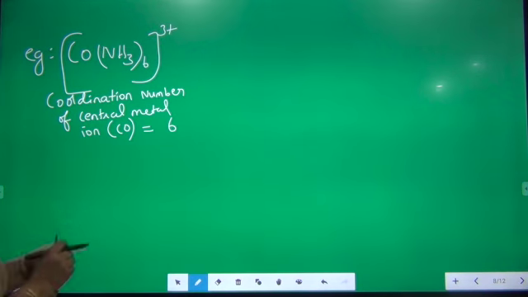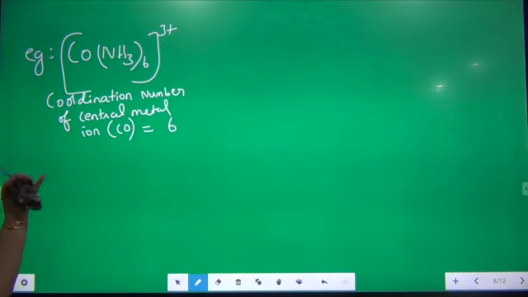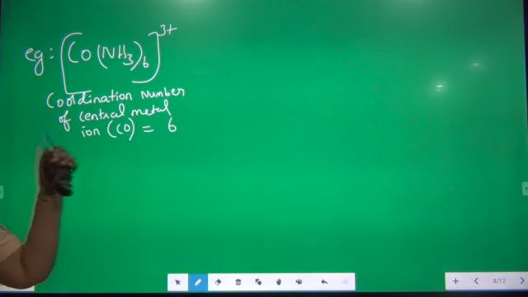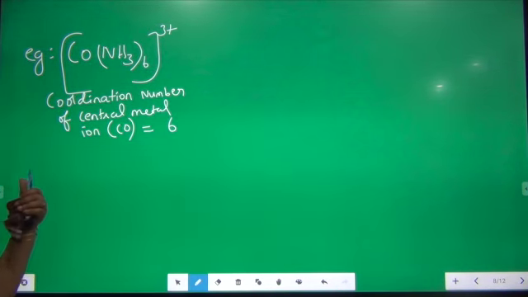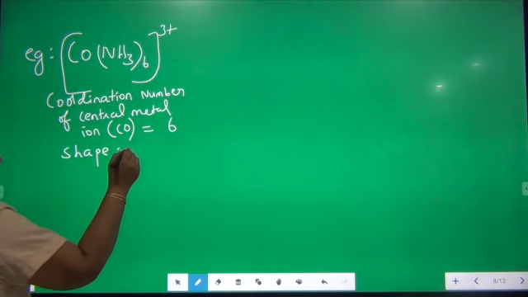As the geometry depends upon the coordination number, if the coordination number is 6, this particular complex will have octahedral geometry. So the shape will be octahedral.